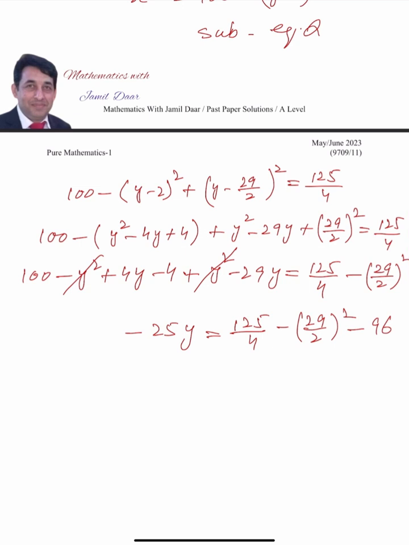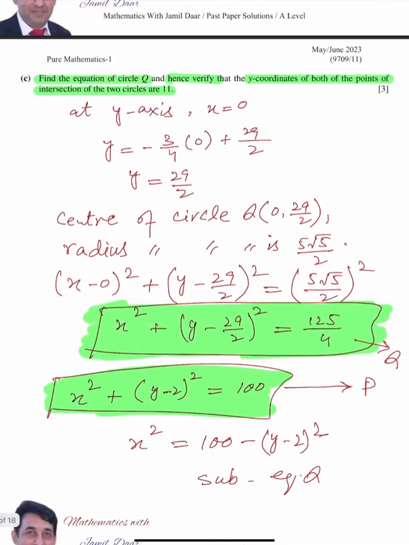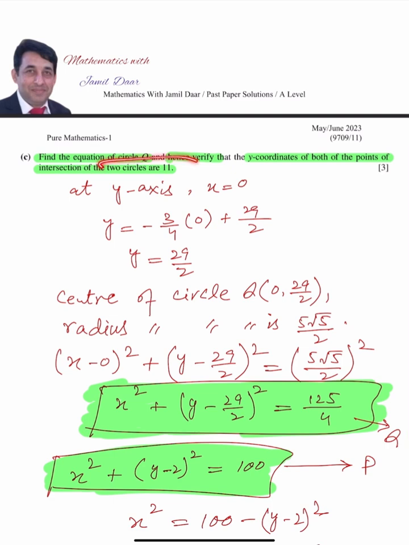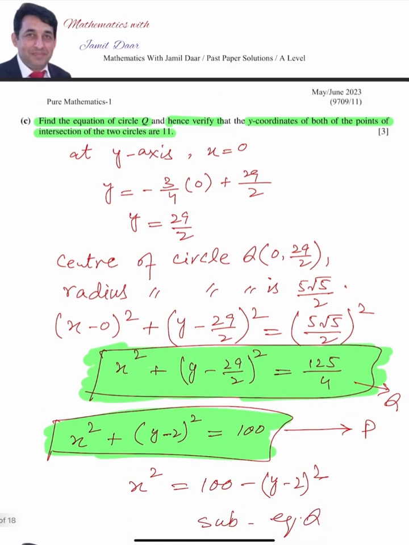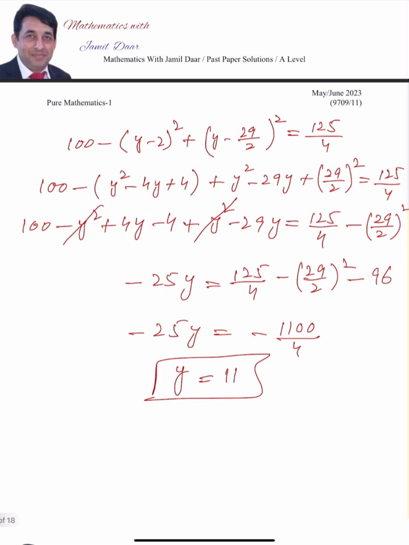That will become minus 25y is equal to minus 1100 over 4. So y is equal to 11. You were supposed to show that the two circles meet at y equal to 11, so we have shown it. Hope you have understood the concept. Okay, shown.